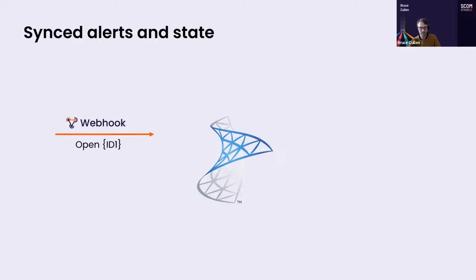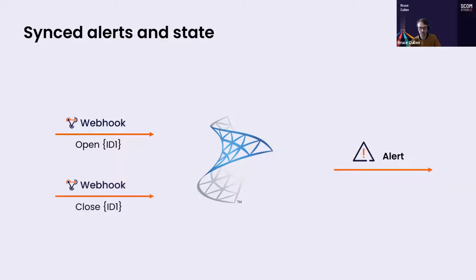In this case, we are receiving a webhook with an ID, which will obviously open an alert. We're receiving another webhook, which contains a closed type notification, along with an ID. This will close off the alert. When you're setting this up, which is what we're going to show you in a minute, you define what open looks like, what closed looks like, because different systems will have different terminology for those things, and also where to look for the ID.